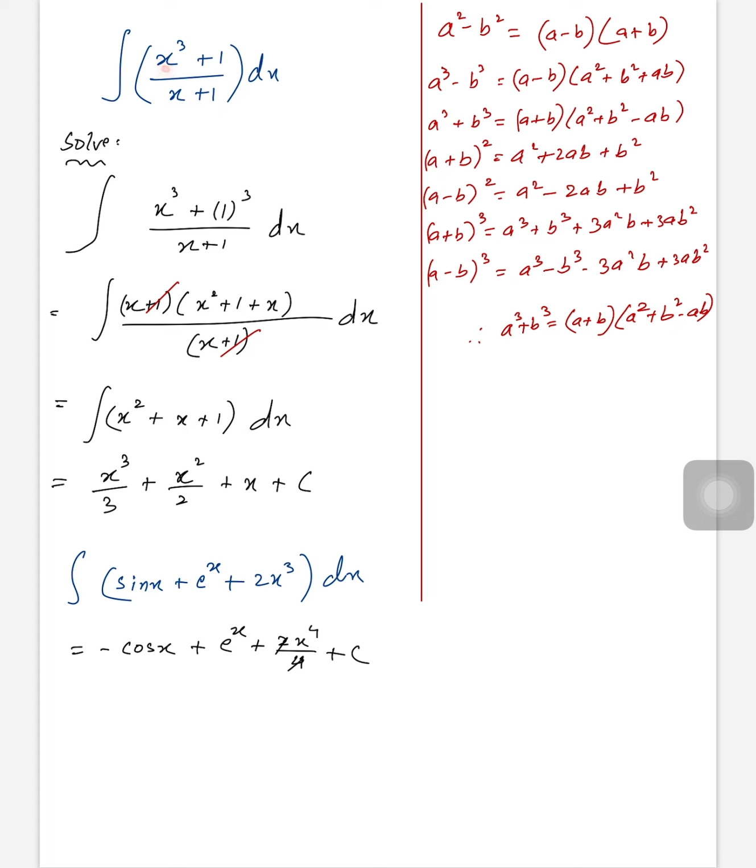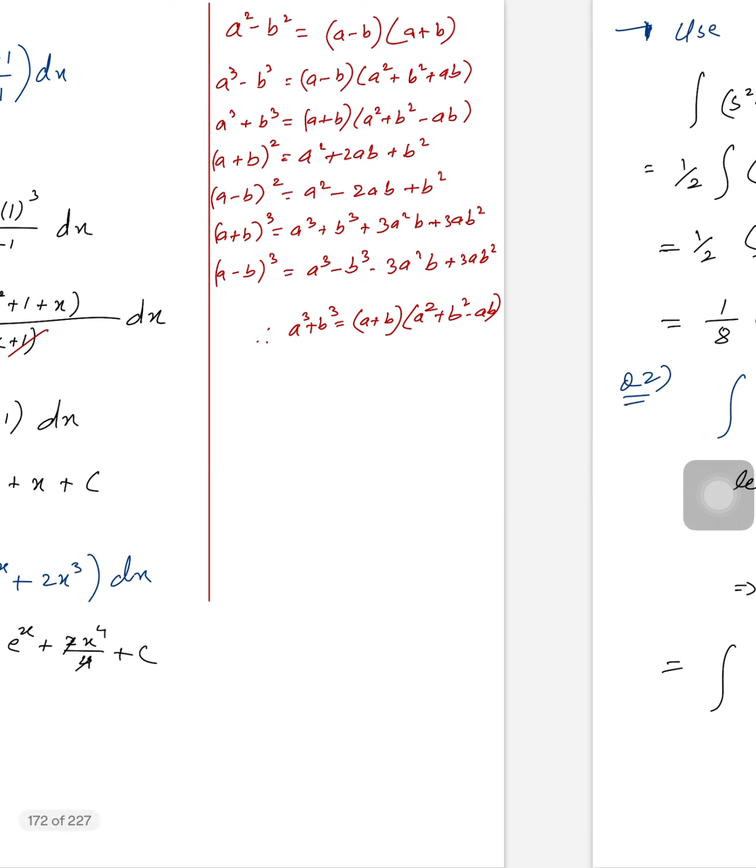So you have to simplify it, right? So I can simplify it by using the formula a cube plus b cube. You must remember these formulas, right? So this is a cube plus b cube. So we will expand this formula as a plus b into a square plus b square minus ab, right? Then these two are cross and then take its integration.